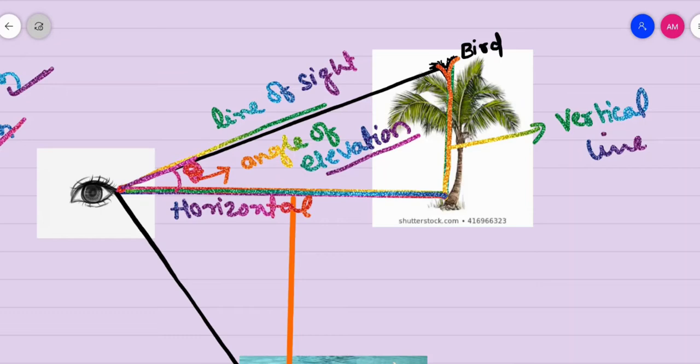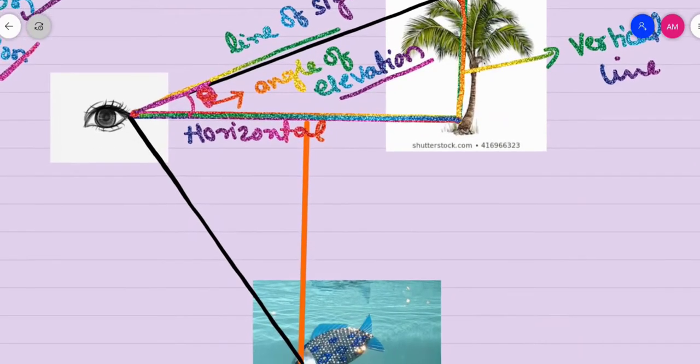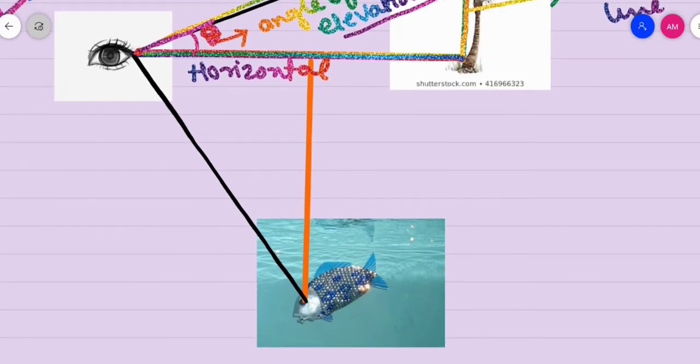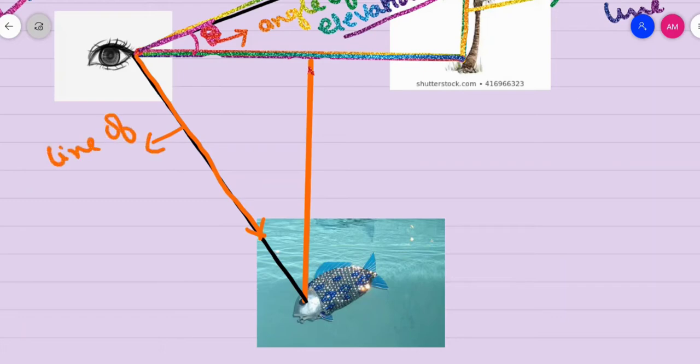Now let us consider one more example, one more situation. Suppose you are sitting at the bank of a river and looking at a fish. Now see, fish is in the water. Now see again this line from your eye to the fish. This is the line of sight.